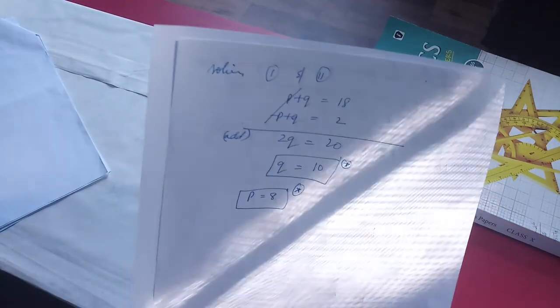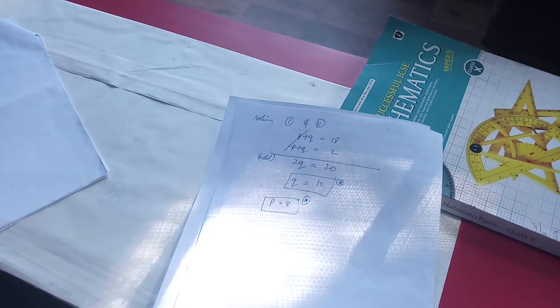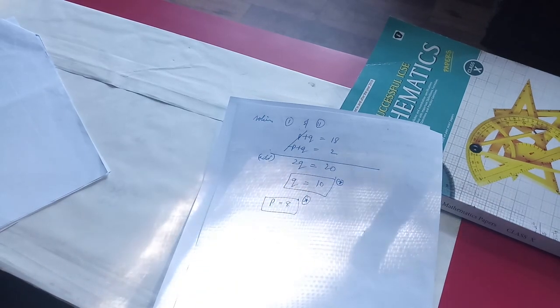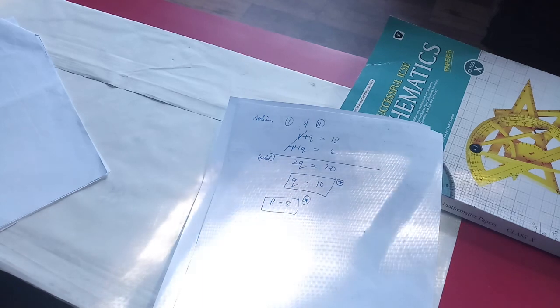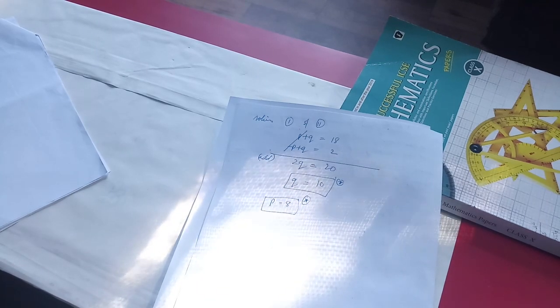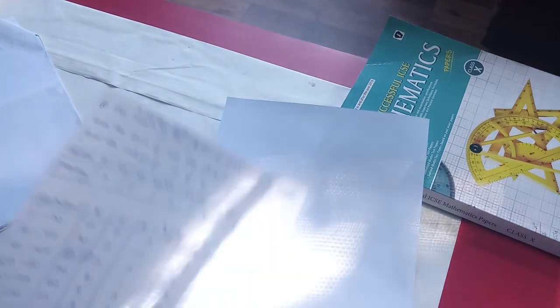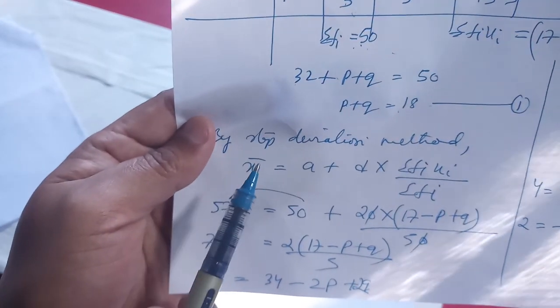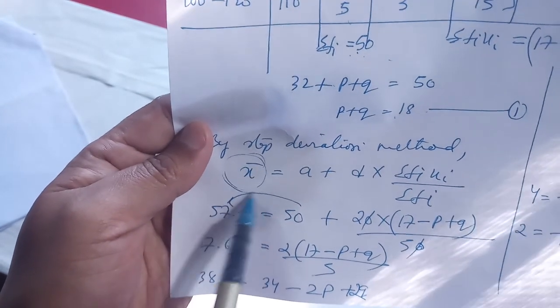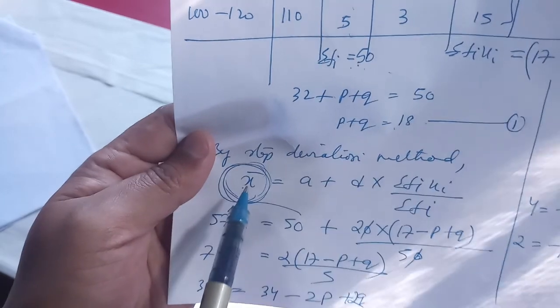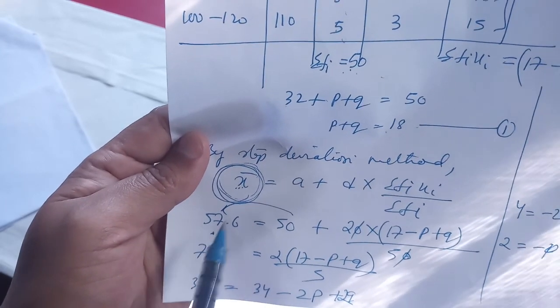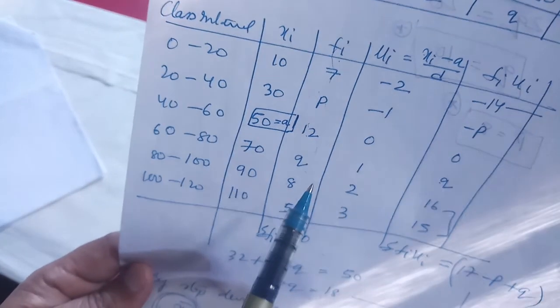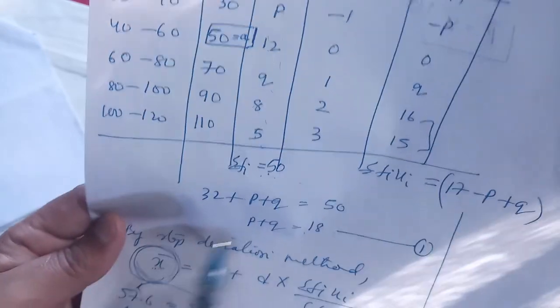So it is quite simple in case of the missing frequencies. You don't have to do anything extra. You have to find the mean by using the same formula, same technique, but the only difference in this question is that the value of the mean will be given to you. So in place of that you substitute this, and since there are two missing frequencies, you have to make two equations.